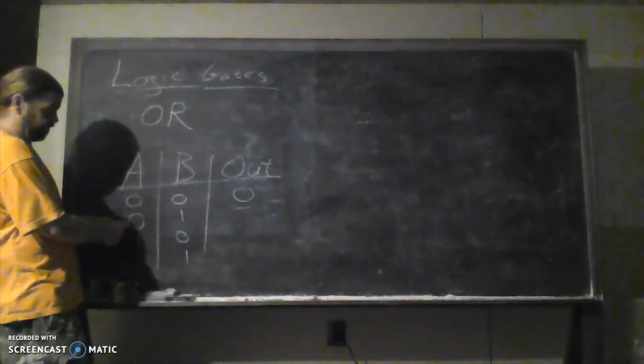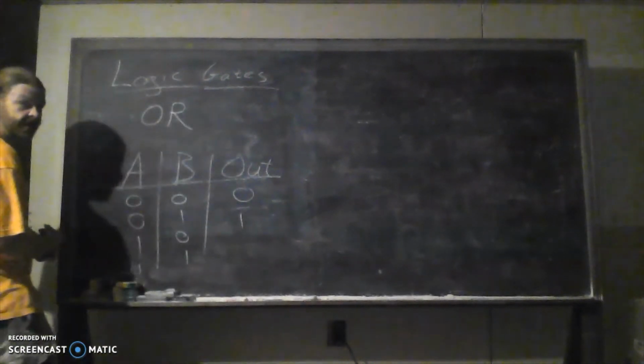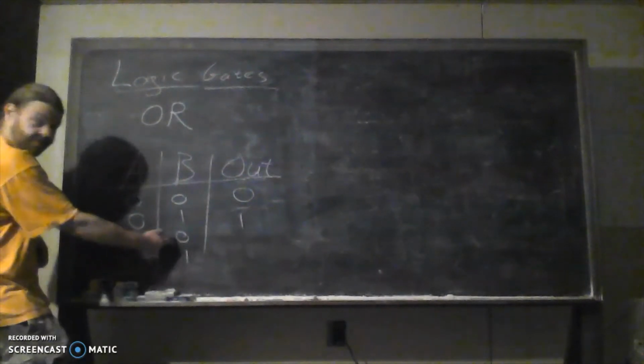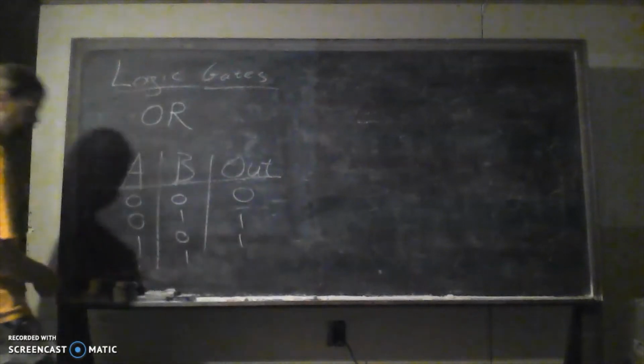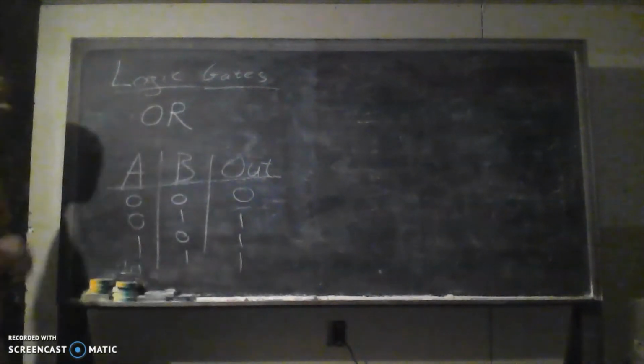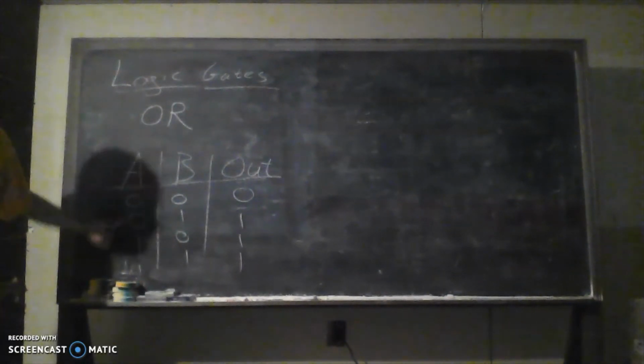So if the first one's off and the second one's on, our output's going to be on. And vice versa. If the first one's on and the second one's off, then our output's going to be on. And if they're both on, then our output's going to be on. So basically an OR is when anything's on.